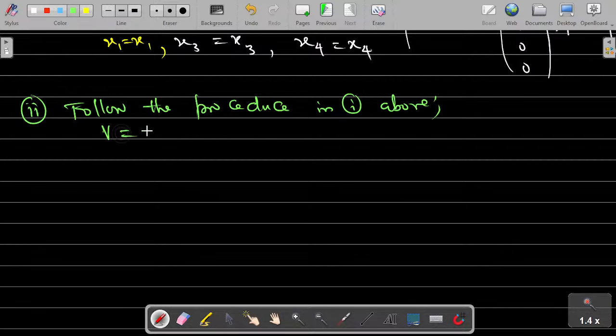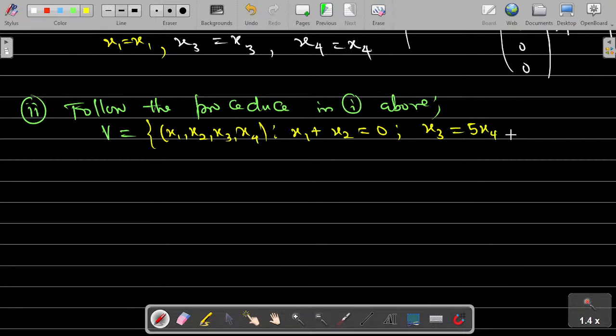Remember that our v is the set of x1, x2, x3, x4 such that x1 plus x2 is equal to 0, and x3 is equal to 5x4.